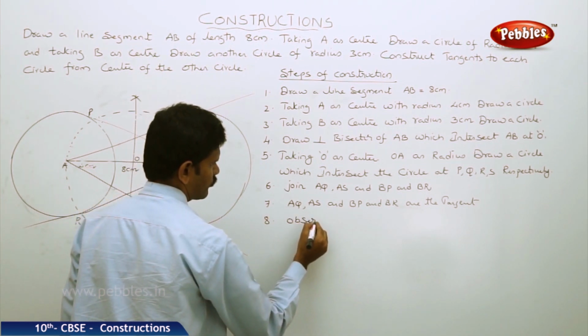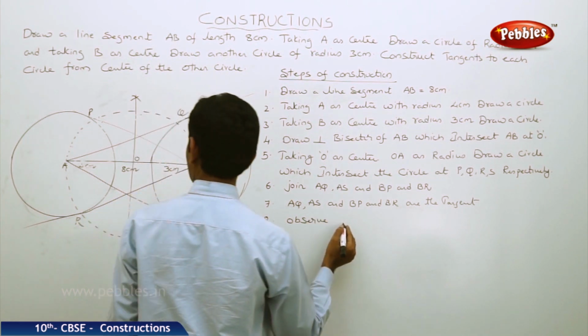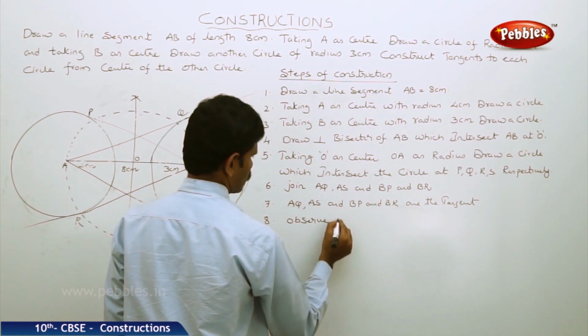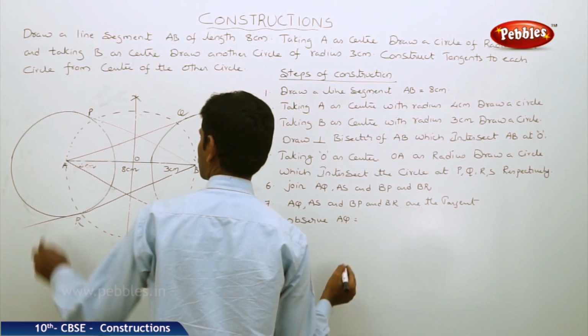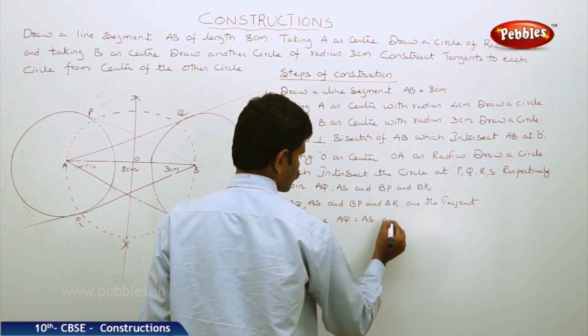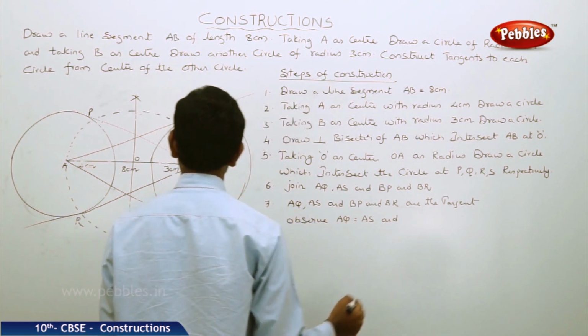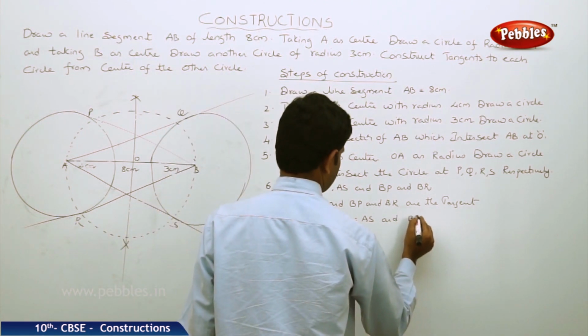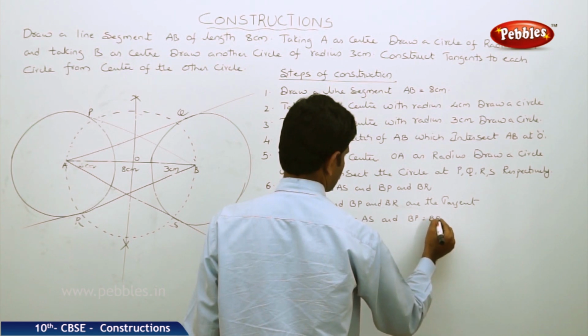Observe AQ is equal to AS and BP is equal to BR.